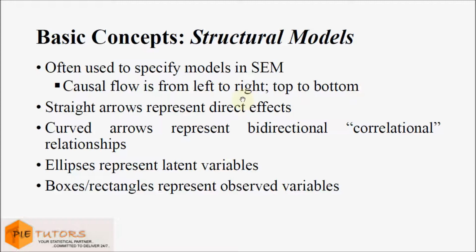In SEM analysis, the straight arrows represent the direct effects. These are generally used between independent variables and dependent variables. The curved arrows represent the correlation between the variables. The ellipses represent the latent variables, and the rectangular boxes represent the observed variables.